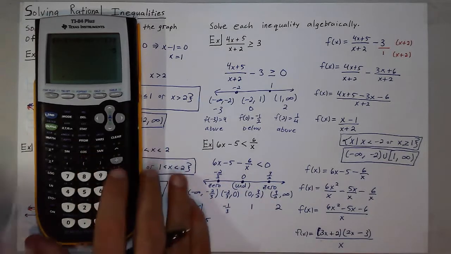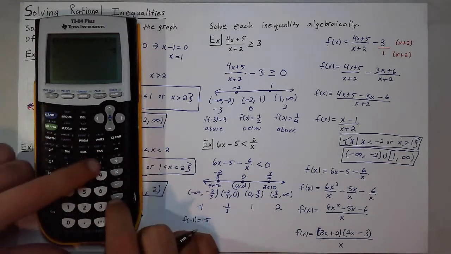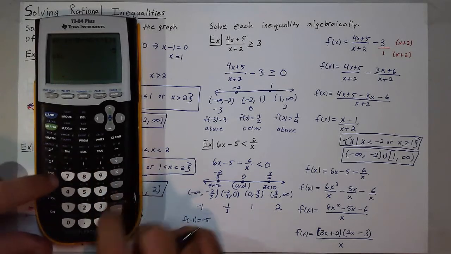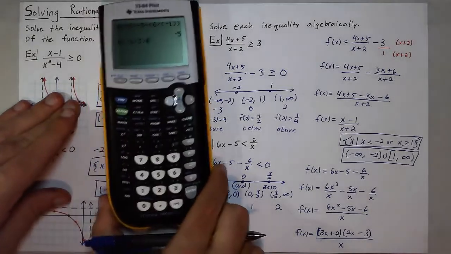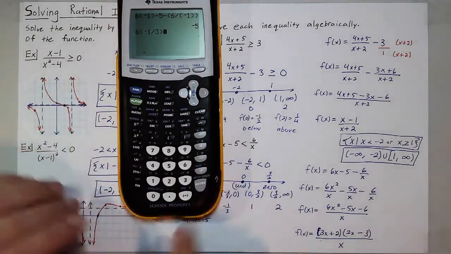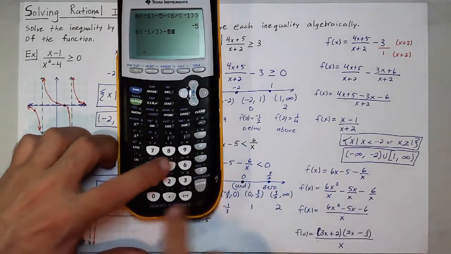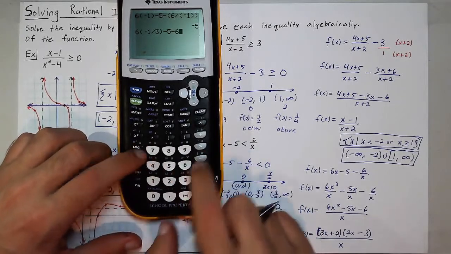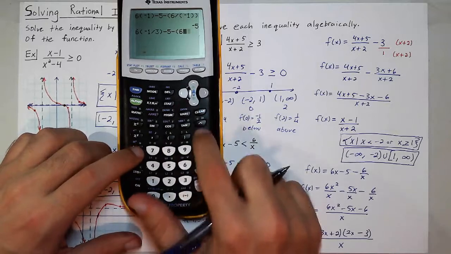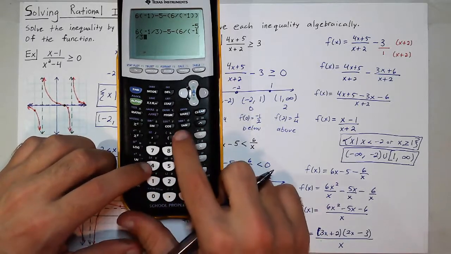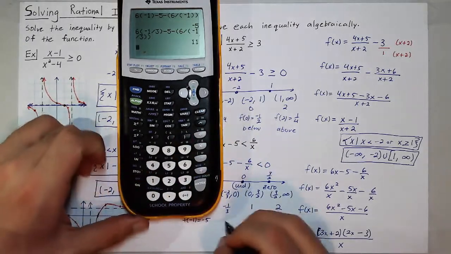Then I'll plug in negative 1/3. So 6 times negative 1/3 minus 5 minus 6 divided, put that in parentheses, 6 divided by negative 1/3 gives me 11.